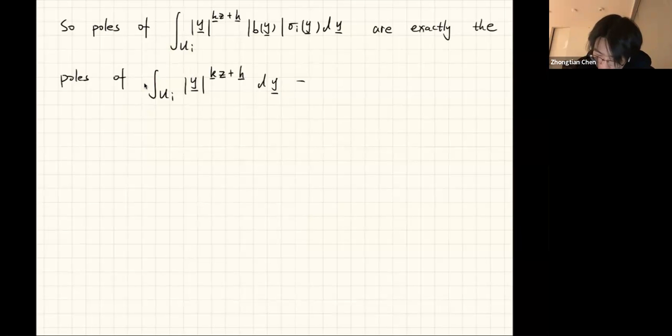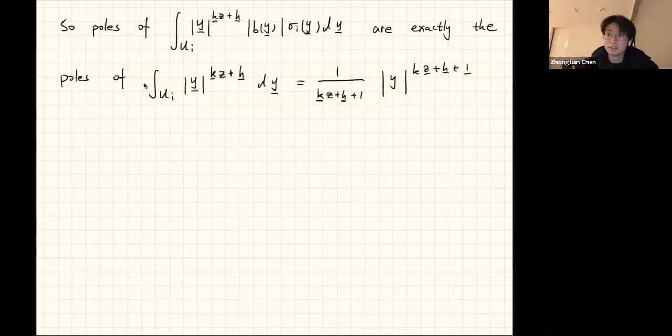And again, we can evaluate this one. Right, this is just an integration. Then we can say the pole will appear when the denominator is 0.